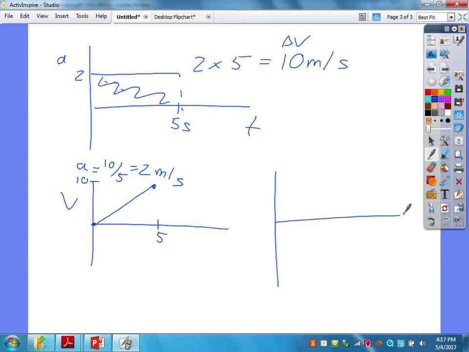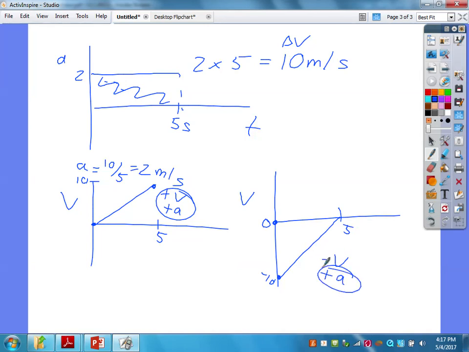it could also technically be this graph. You could be at negative 10 back up to 0. You could be below. So the thing is, this is actually telling you 2 different types of motions. The first one up top is telling me that I have a positive v and a positive a, and I'm actually speeding up. This second one is telling me that I have a negative velocity and a positive acceleration.